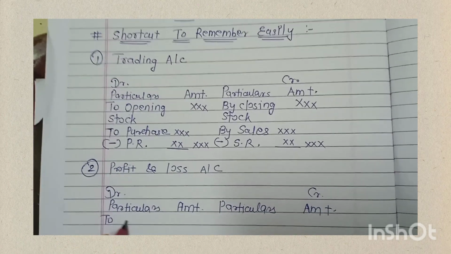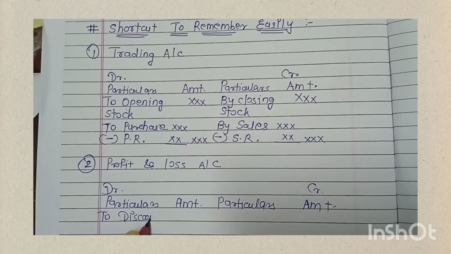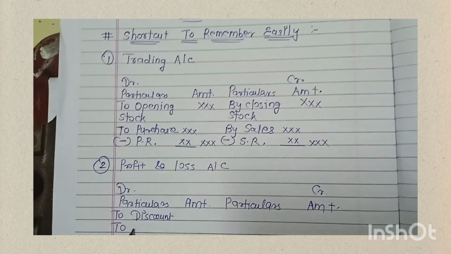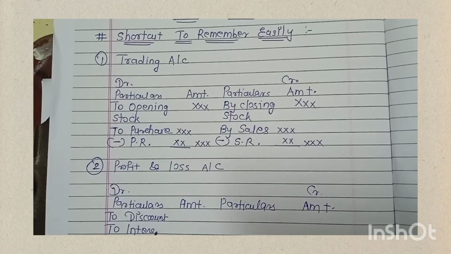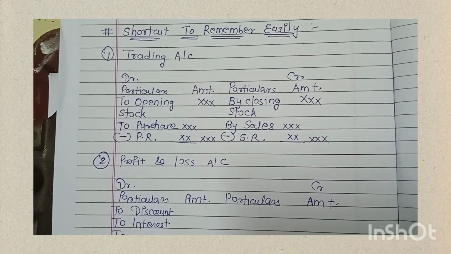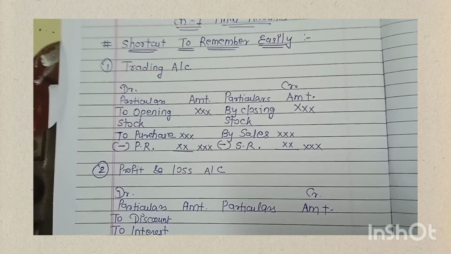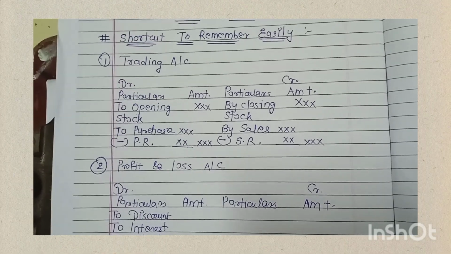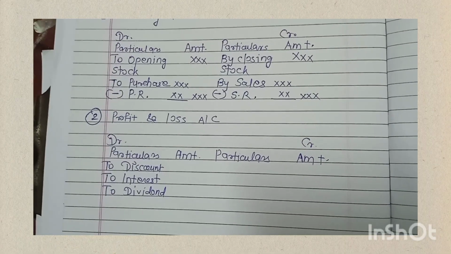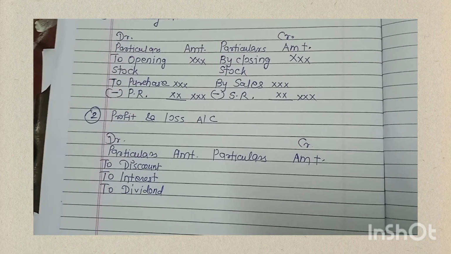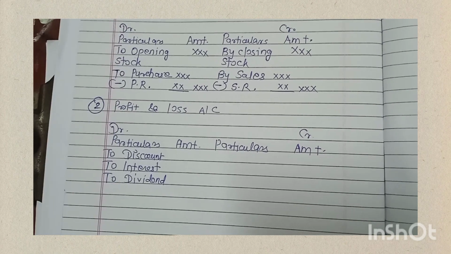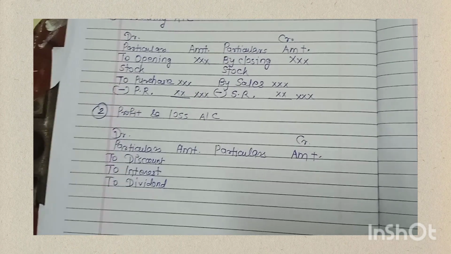On the debit side we see discount, which is an expense because we allow it to our customers. We also have interest that we have paid on a bank loan, and dividend. As our company is a stock listed company, we have to pay dividend to the shareholders, so it is also an expense for us. So these three things are on the debit side.